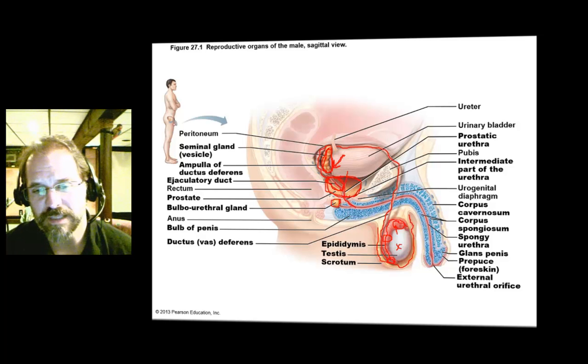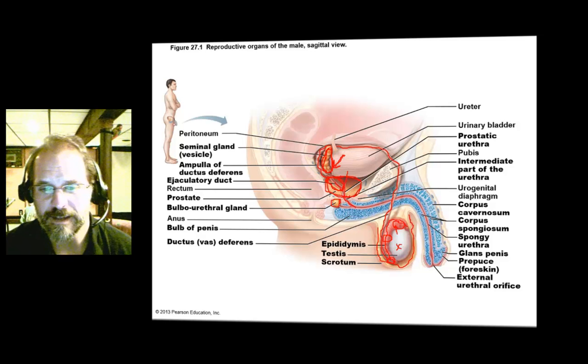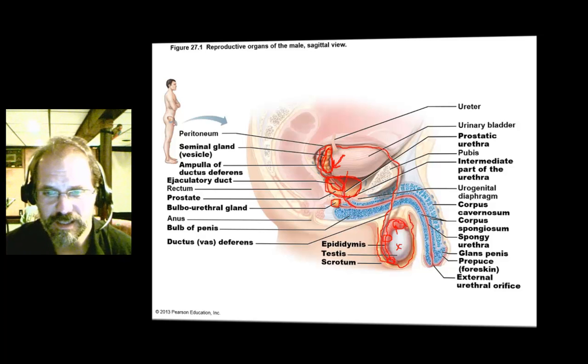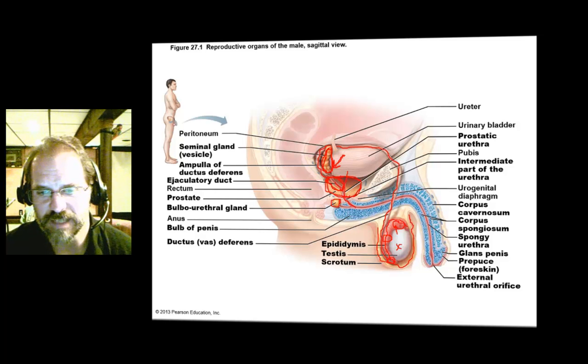And so that's actually released just prior to the ejaculatory duct emptying to kind of precondition the urethra so that as the sperm pass through, they're not harmed. This would be called pre-ejaculate, a very thin, kind of opaque fluid. That's the pre-ejaculate volume.